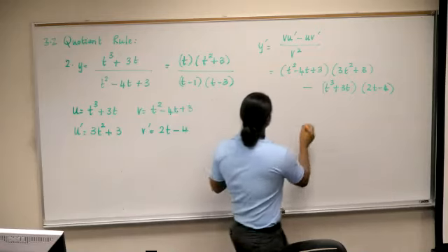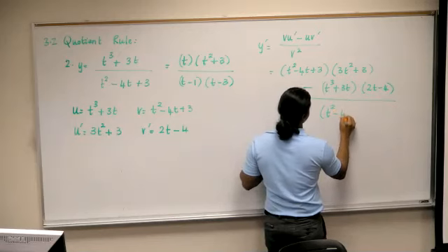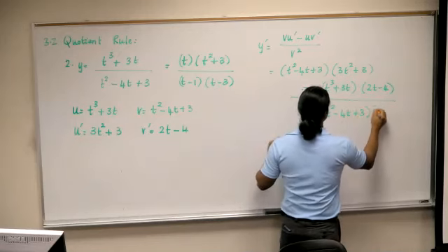And divide the entire thing by V squared, which is t squared minus 4t plus 3 squared.